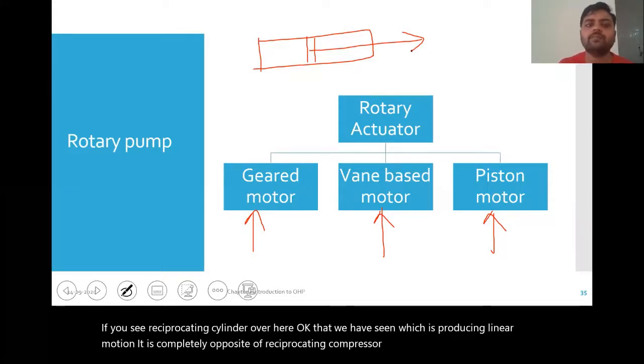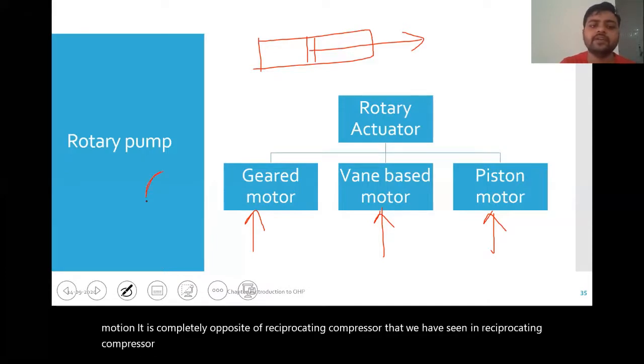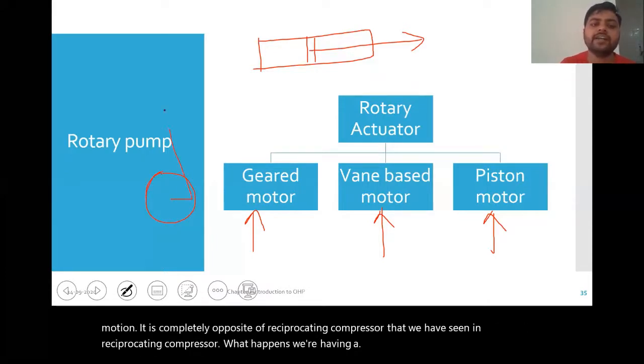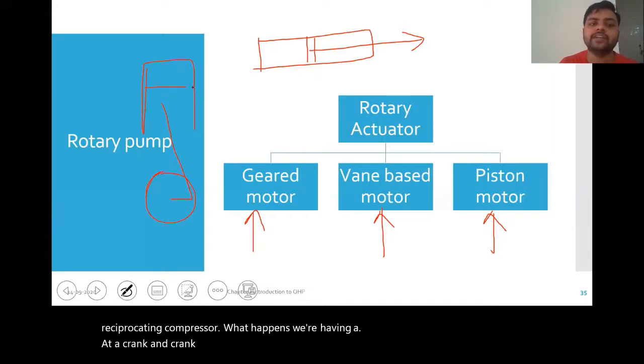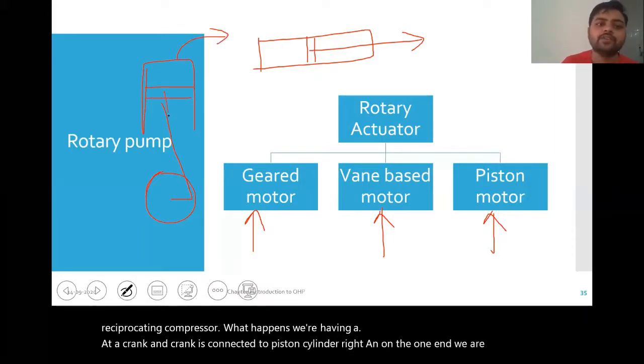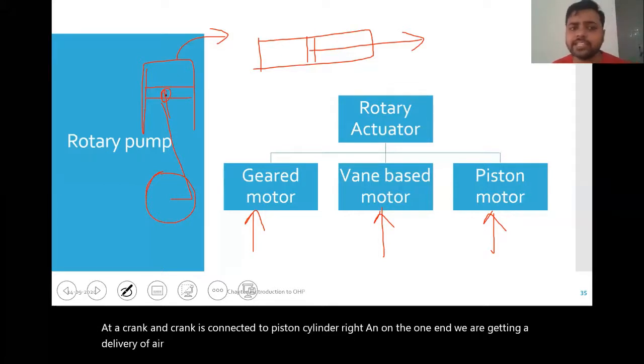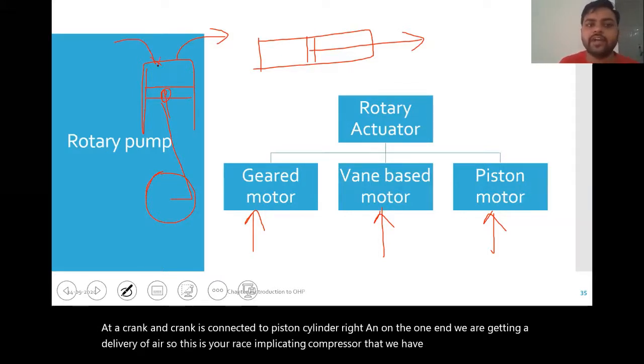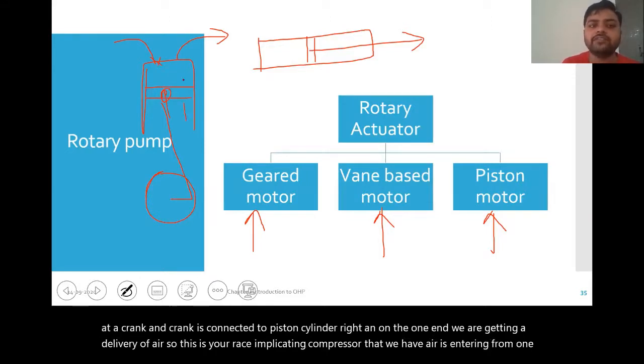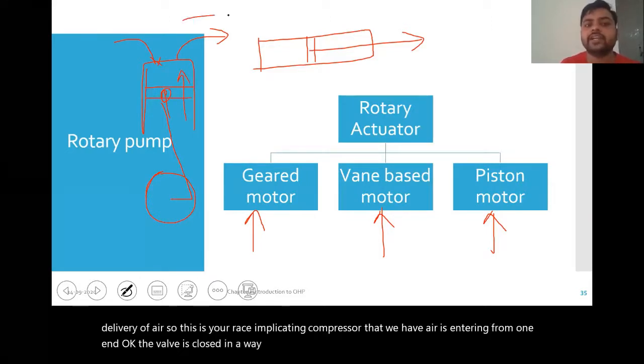In a reciprocating compressor, what happens, we have a crank, and the crank is connected to a piston cylinder, right? And on one end we get a delivery of air. So this is your reciprocating compressor. Air was entering from one end, okay, the valve is closed in a way that the air gets compressed and gets delivered.